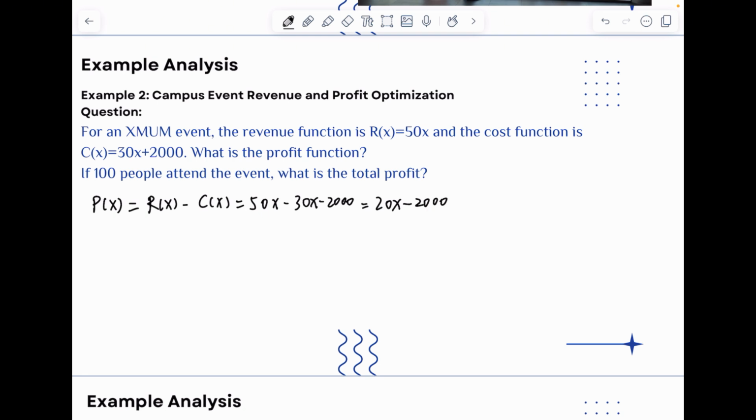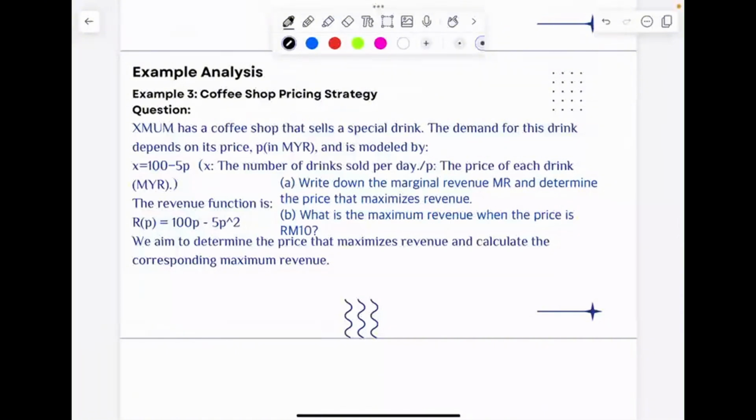And if there are 100 persons, we know that the total profit equals 20 times 100 minus 2000, equals 0. Let's see this example.